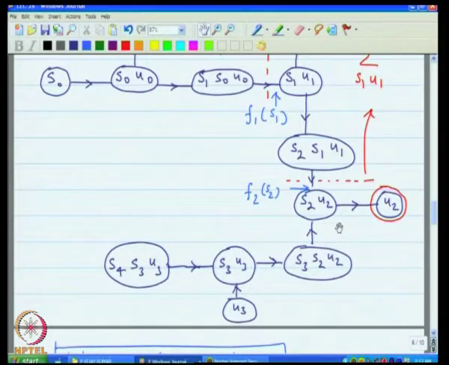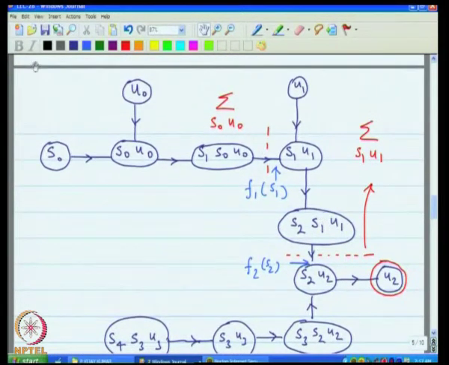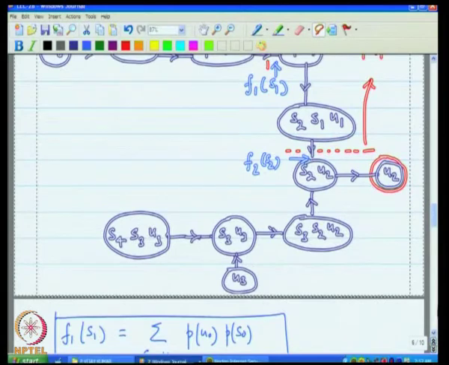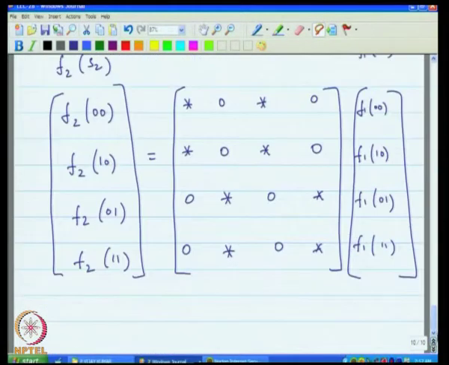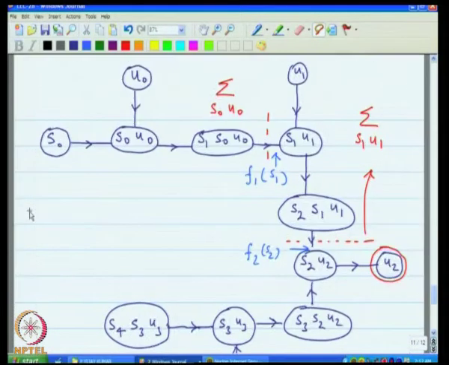Now, there is also the backward algorithm, right. So, you are also going in the backward direction. So, what happens there? To show that, let me again copy this. And this time let me erase this, because now our interest is in the other part of the algorithm.